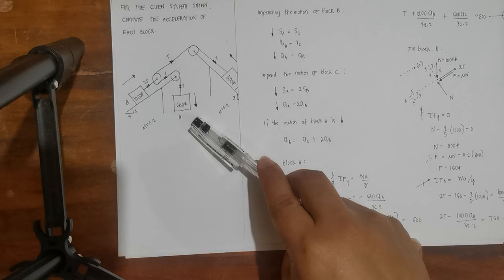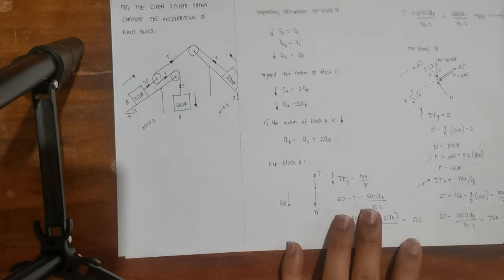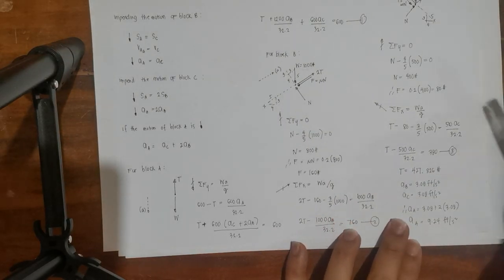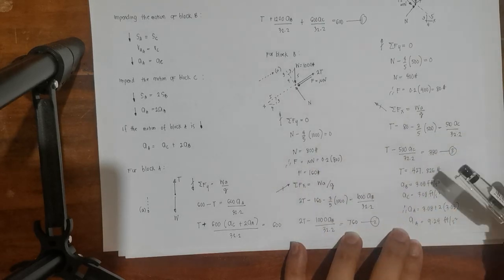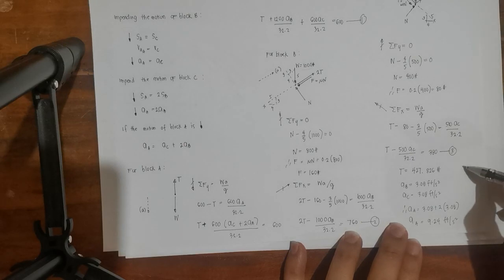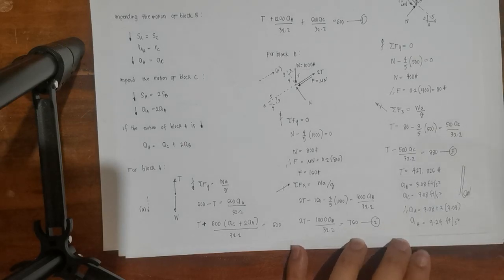Nagets po. Pero kapag yung body natin in contact with a surface, the acceleration na makukuha should be positive always. Pag negative yung nakuha, discard your solution, that is wrong. So for this part, since positive yung nakuha natin, this will be the answer for this given problem.